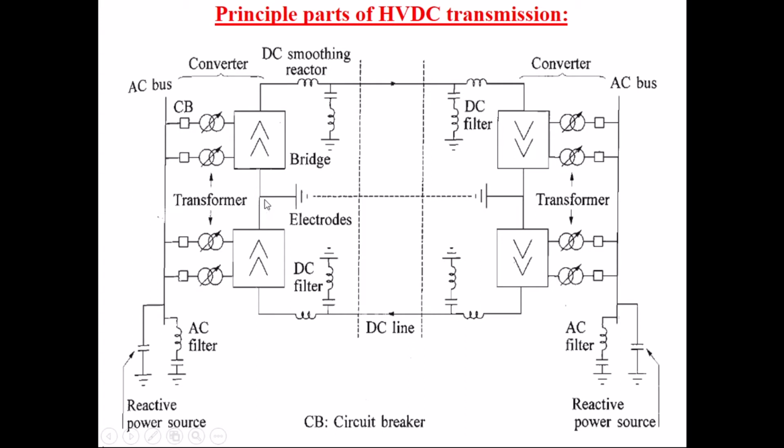And the last component is the electrode. In an emergency situation, if any one pole is open, suppose this conductor is open because of a fault on the DC side, we can use the other conductor for power transmission and we use this electrode as a ground return. Okay? So these are the basic components that we use in an HVDC system.